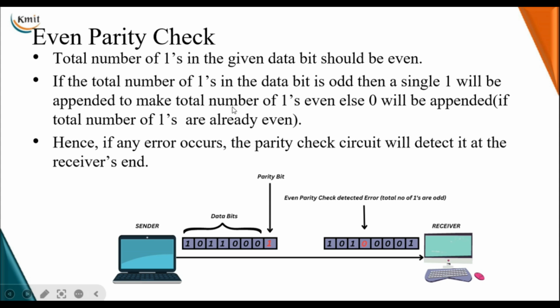Example: now I have a given message, 10110000. If I want to send this with even parity at my sender end, I need to add an extra bit, which is a parity bit. If I include that parity bit as a 1, then I have a total of 4 ones.